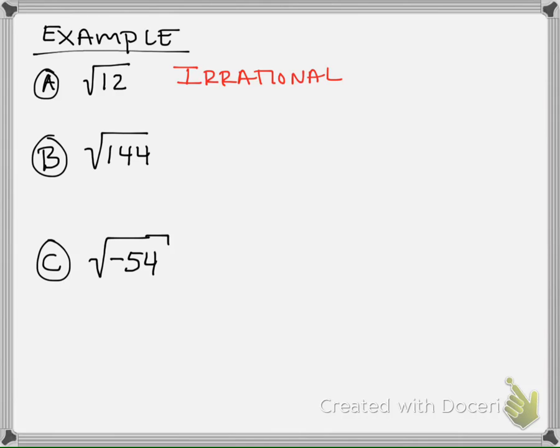Well, I know that 12 times 12 equals 144. Therefore, this is equal to 12, and it is rational. The last one, we're taking the square root of a negative number, in this case, negative 54, and it has no real solution.